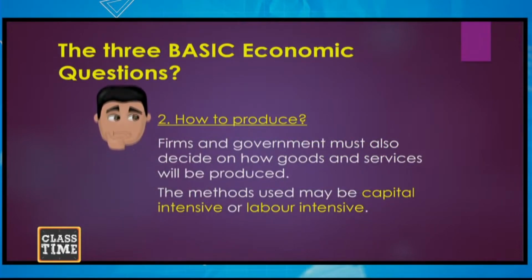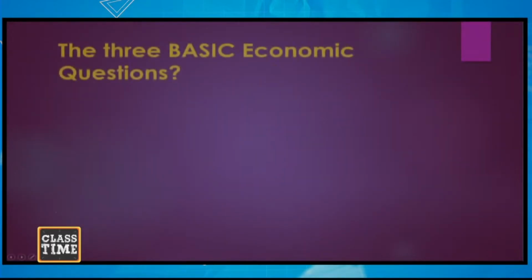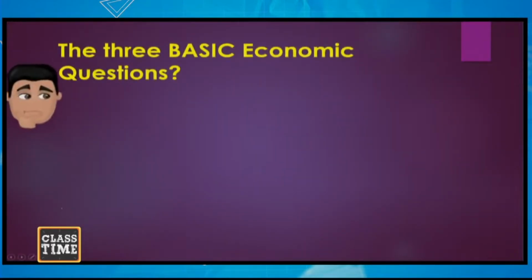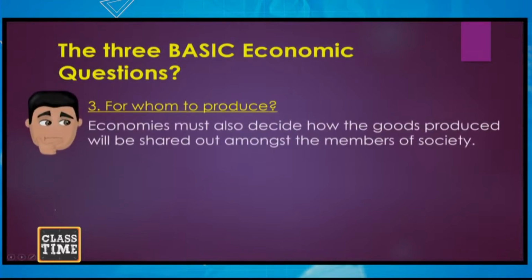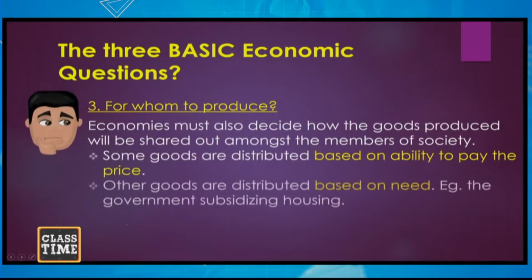Is there any reason some economic systems would decide to go capital intensive while others may go labor intensive? And our third major economic question is for whom to produce. We say that economies must decide how the goods produced will be shared amongst the members of society.